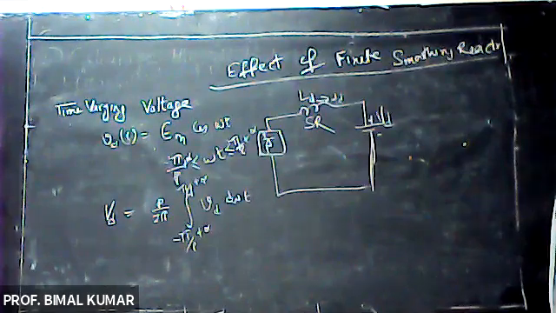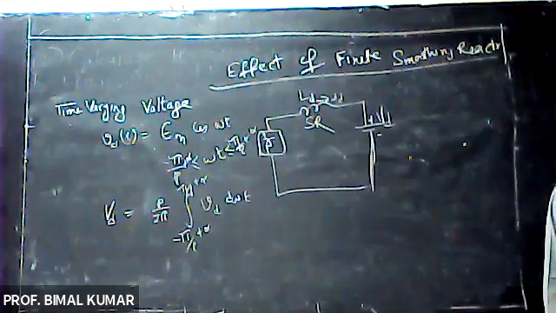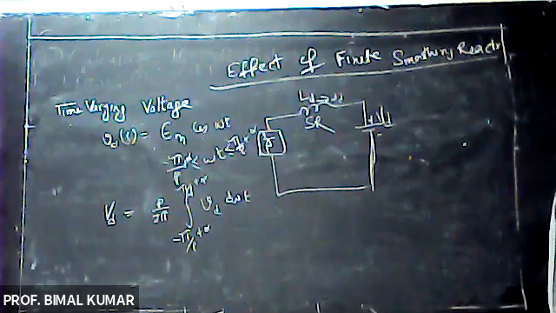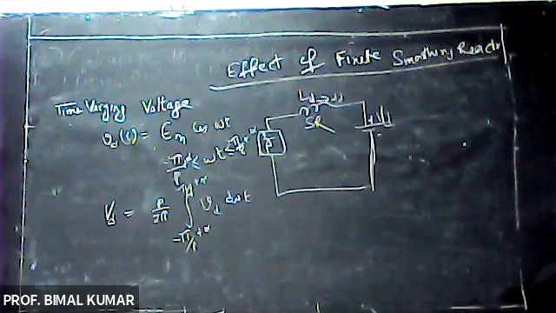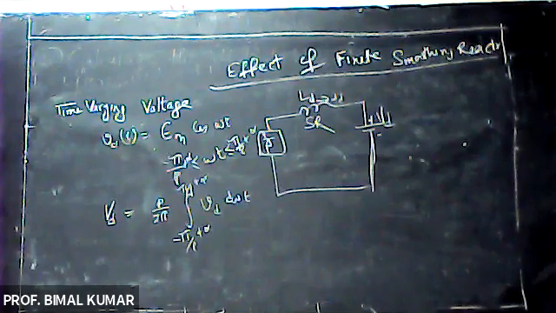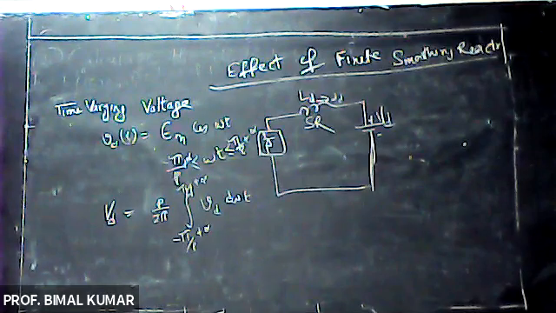Then by the use of that VD, you can calculate the value of the current through the bridge, that is ID.